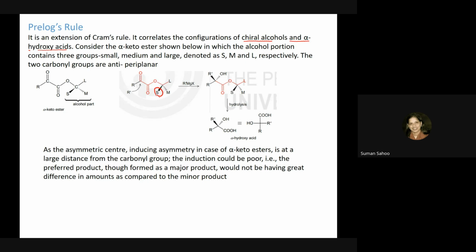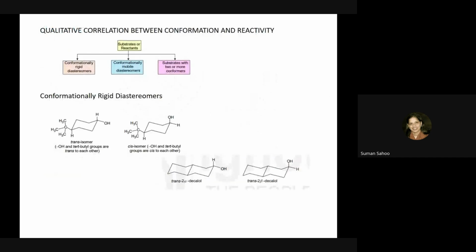Here we have three different groups: small, medium and large. The nucleophile which is going to attack the carbonyl carbon has to be on the same side as the group which is smaller in size. You can see this one is off the plane, this one is off the plane. So that is Prelog's rule. It is just an extension of Cram's rule, and it is applicable only in the case of alpha hydroxy acids.